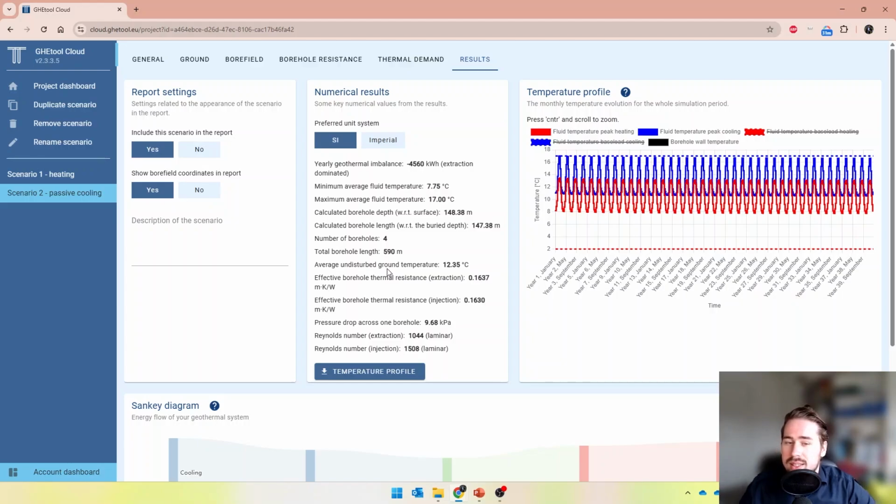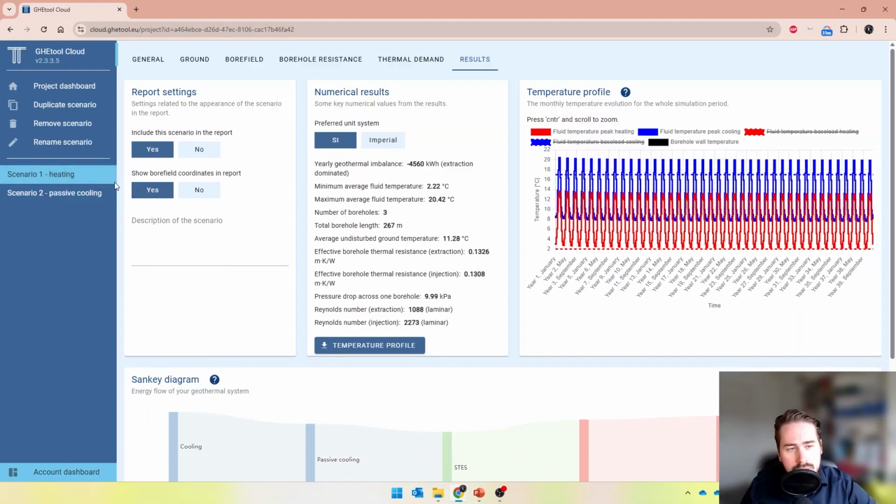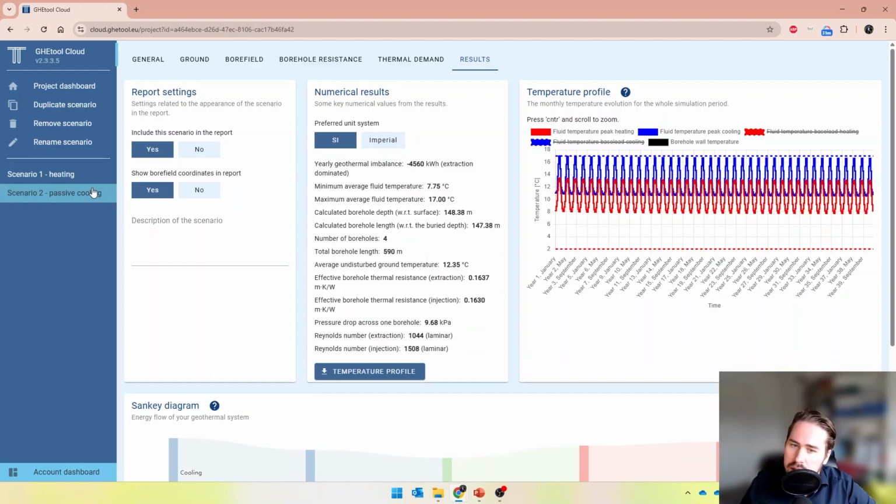But the second thing is that since we now use 4 boreholes instead of 3, our flow rate is divided by 4 instead of 3, meaning that our flow rate is also significantly lower than it was in our scenario 1, which means that our effective borehole thermal resistance is also higher, meaning it's harder for this bore field to actually exchange heat with the ground.